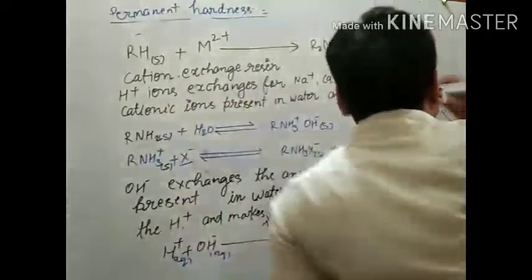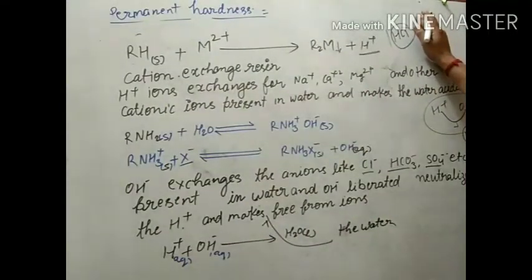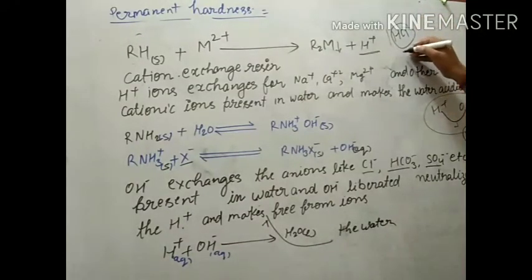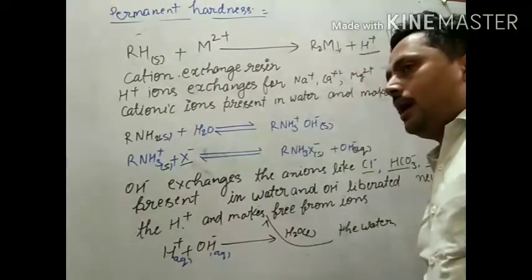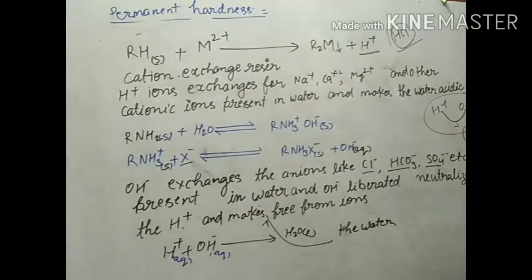You know what exhausted means: all the ions have been used. So they are passed through dilute acid to regenerate, and the anionic exchange resin is made to react with dilute alkalis to regenerate. So we can regenerate also.